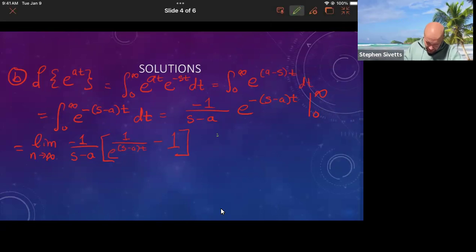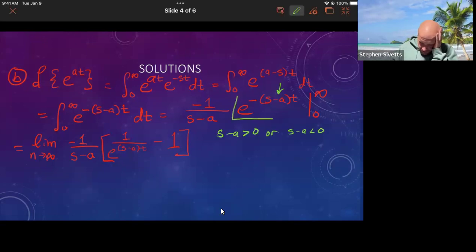And that is if the s minus a exponent is positive, or s minus a is a negative number, right? There's a reason why I wrote it out like this. So if s minus a is a negative number, let's say, well, this quantity right here will be positive, right? And so if s minus a is a negative number, we'll essentially have that this integral will diverge.